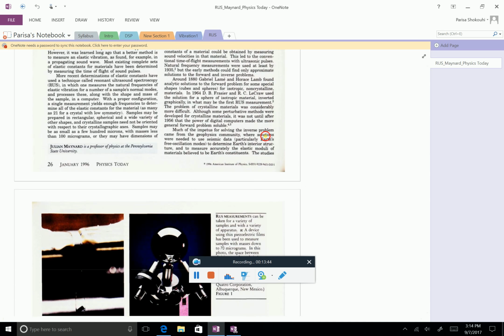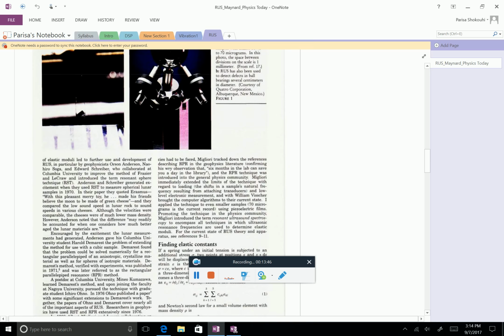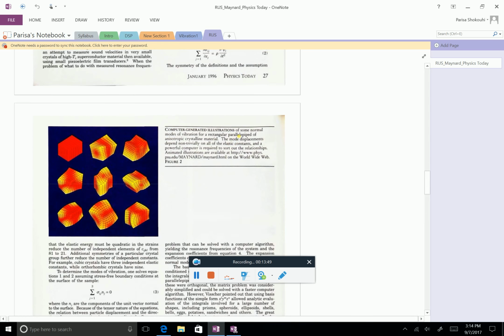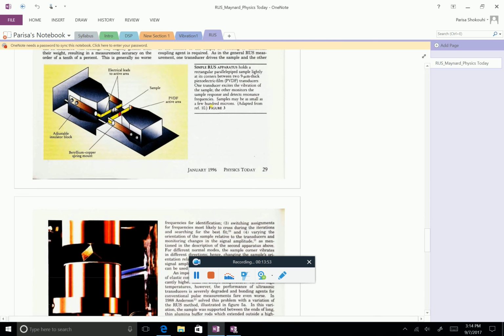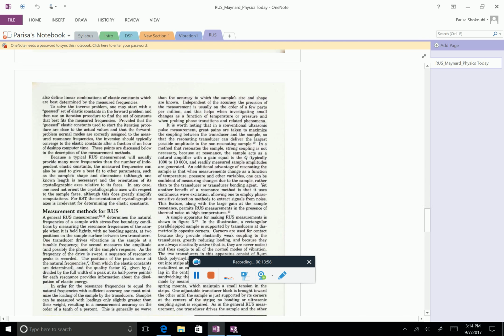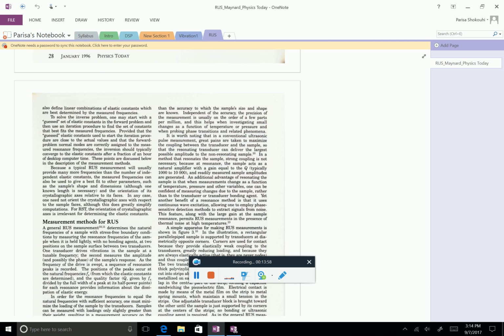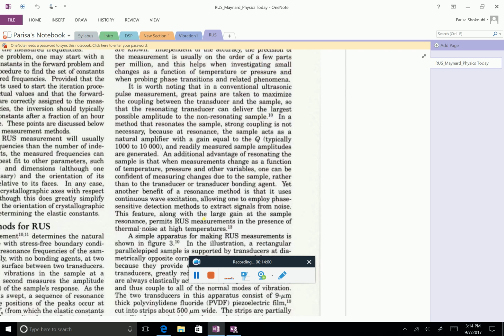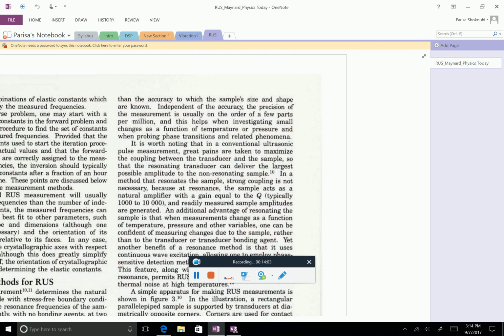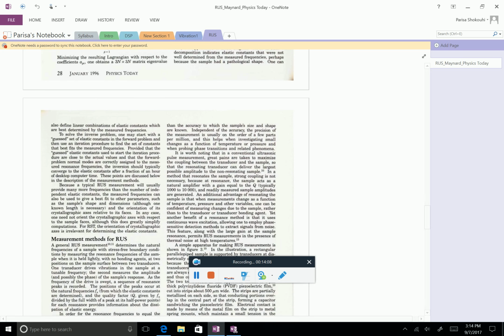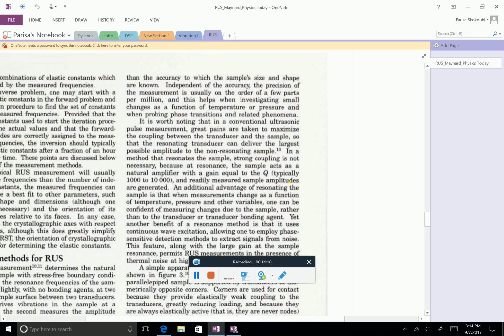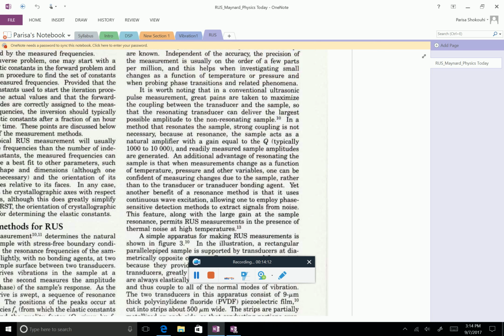So here is the paper. Looks nicer in a... Yeah, I should have actually shown you. So here, if you see on this page, which is, I don't know, page 29, he's talking about the advantage.